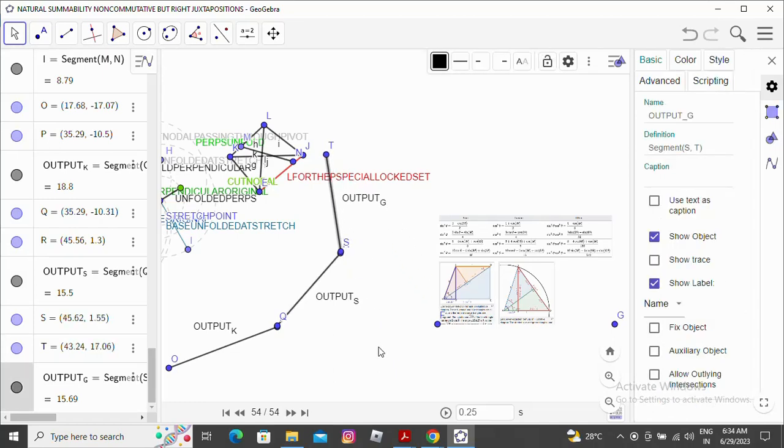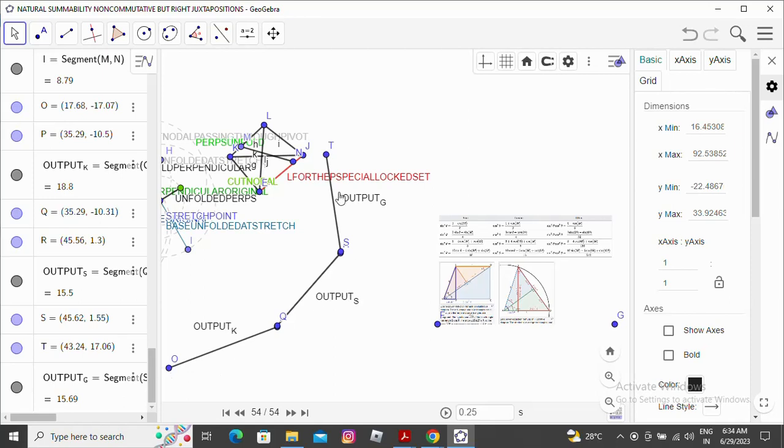If all of these form naturally from the initial line segment L without moving or transforming it, or without making any copy of it, where the contiguous output line segments are forming, that is the best option to get a natural summability. And if that is collinear, then that is the best natural summability.